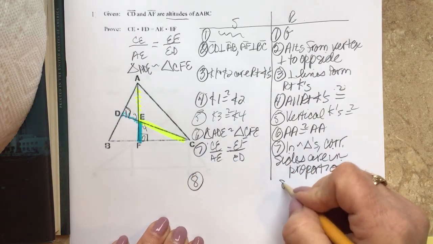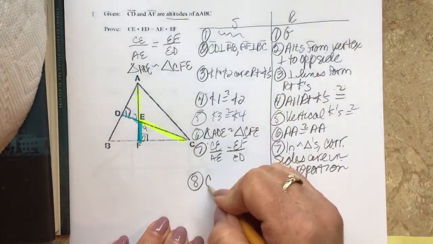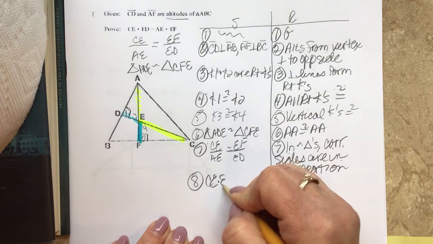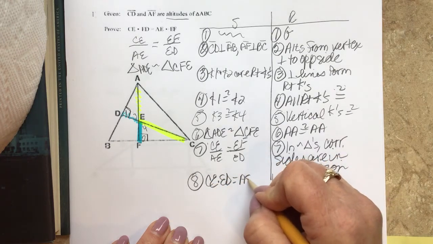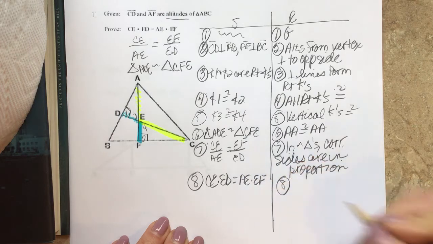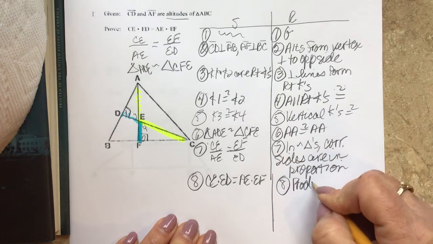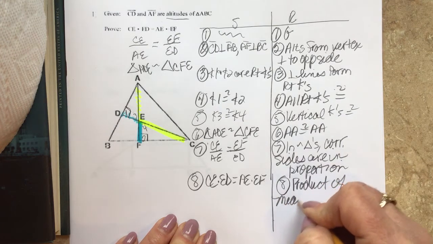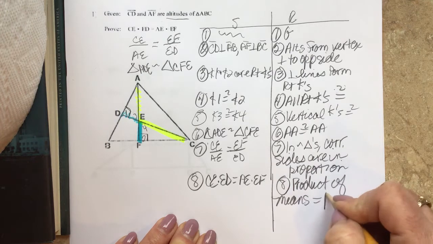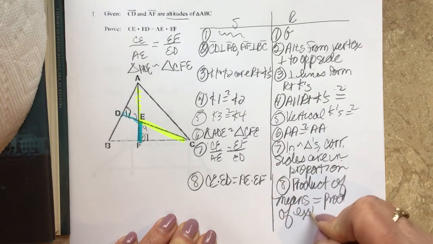Number 8. So there's my last step, my ta-da. So CE times ED equals AE times EF, and that is product of the means equals product of extremes.